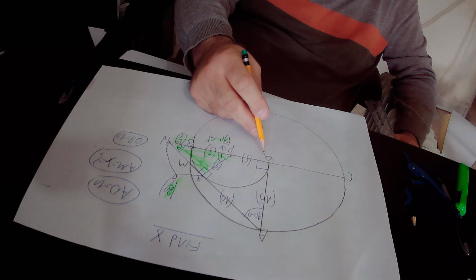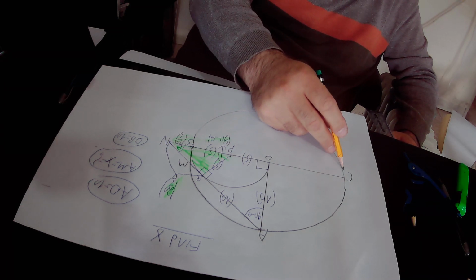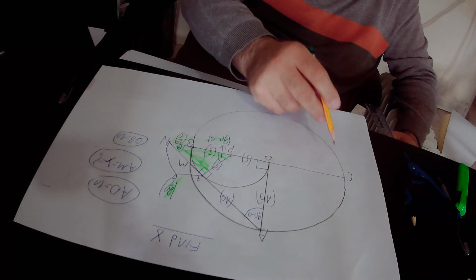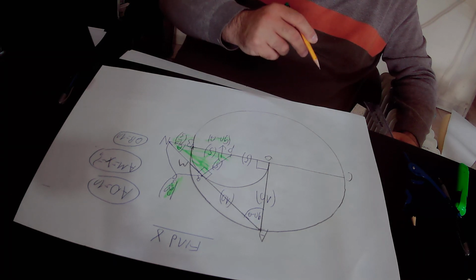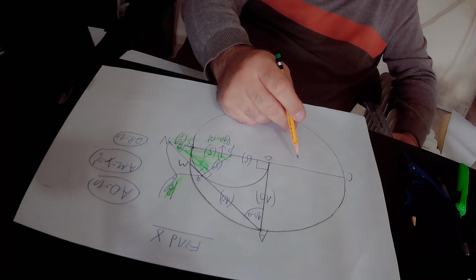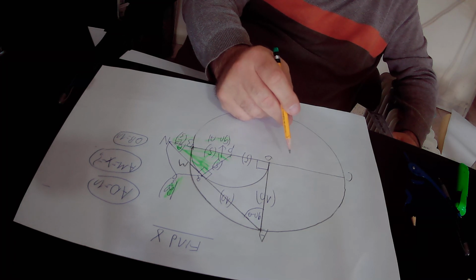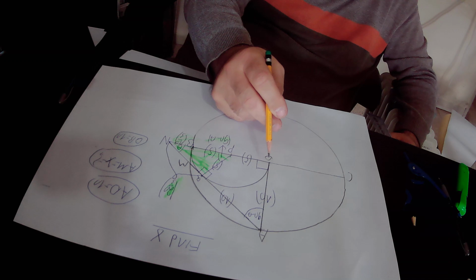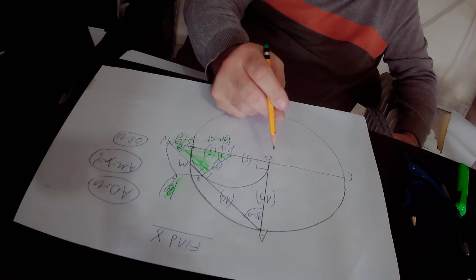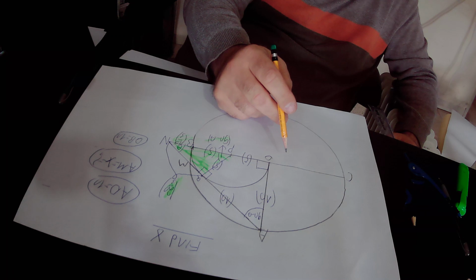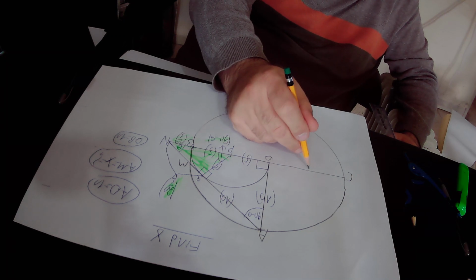So here point O is the center of the circle. Point C is a point on the circle itself, therefore OC is the radius of this circle. And the radius of this circle is the same as the radius of the quarter circle. We have already found out that the radius of the quarter circle equals 10 units, therefore the radius of this circle must also equal 10 units in its length.